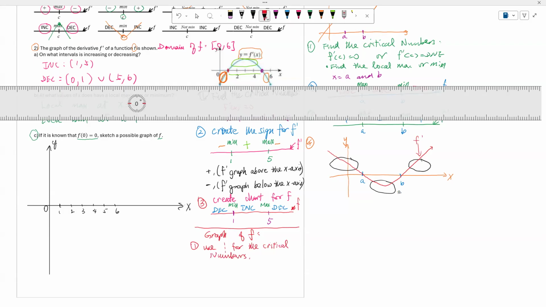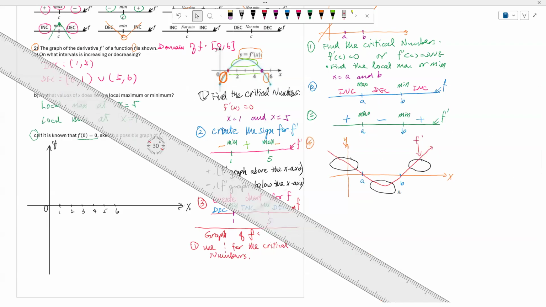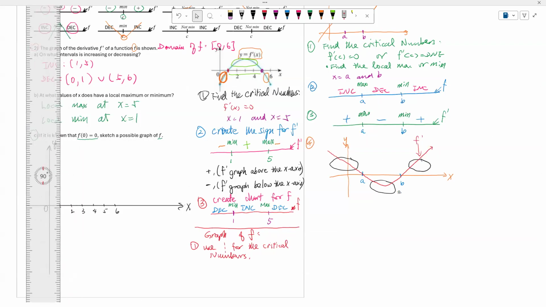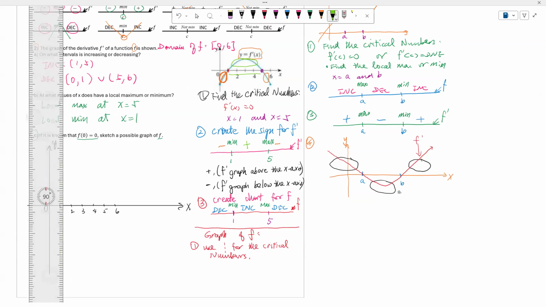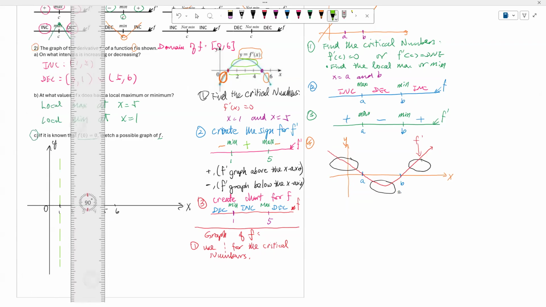Okay, so I will draw a vertical dash line for x equal to 1 and x equal to 5.